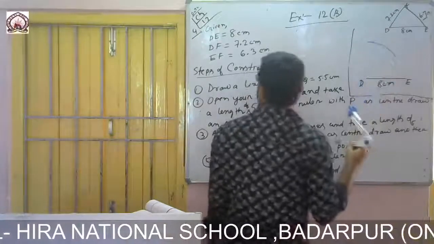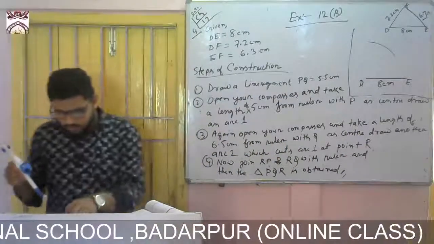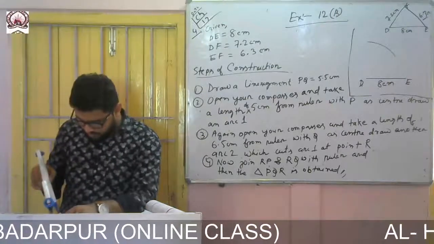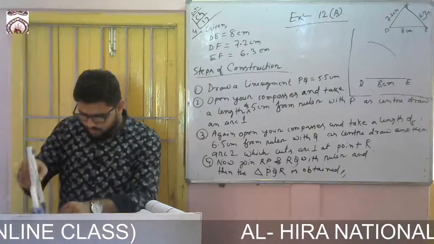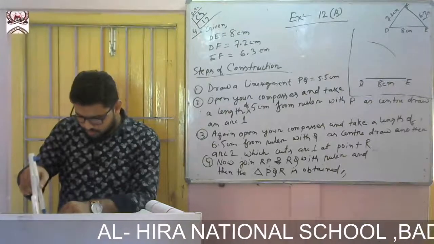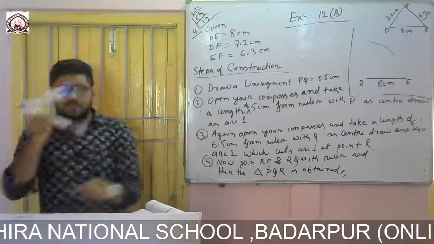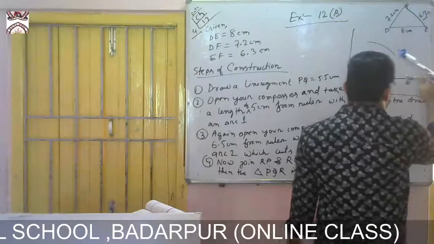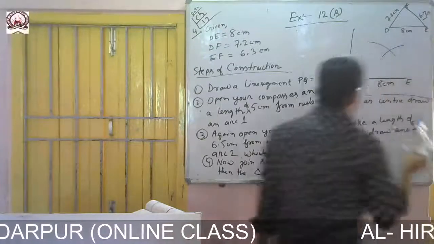Now this one is 6.3, so again take 6.3 from your ruler. Suppose 6.3 is taken, from DF cut like this. Now you join.